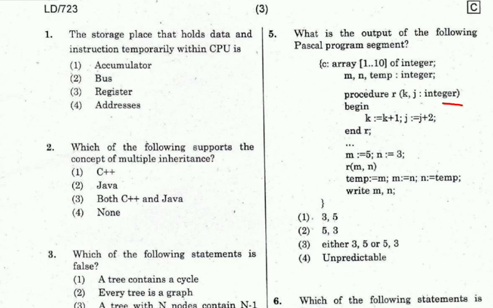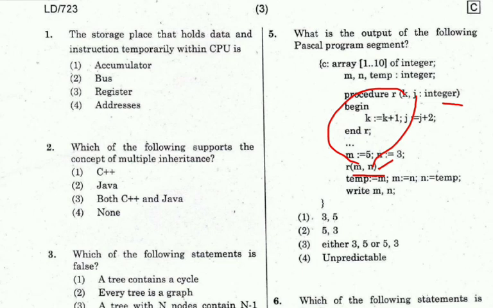We are going to pass the parameters m equals 5, n equals 3 when r of m comma n is called. This calls procedure r with m equals 5 and n equals 3, and passes the values to k and then to j.